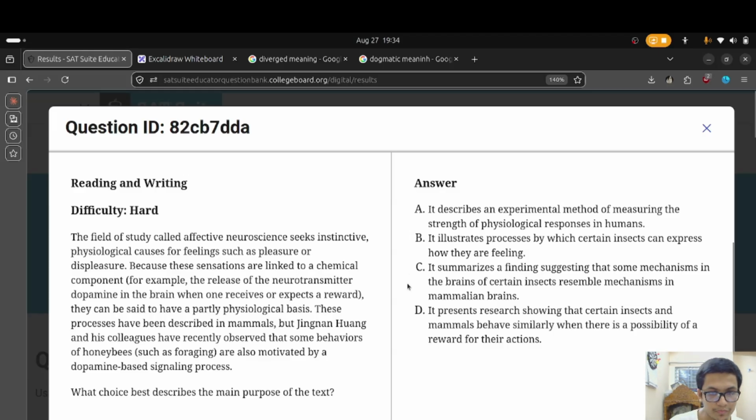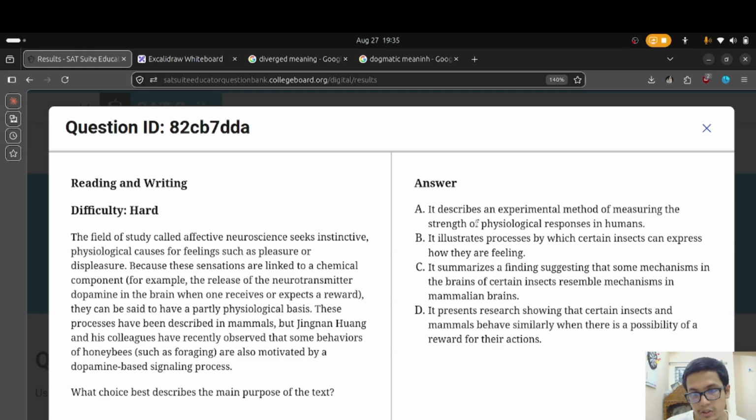This can be an option. Like, they also have dopamine. Option D, it presents research showing that certain insects and mammals behave similarly when they have a possibility of a reward for their actions. Some behaviors of honeybees are also motivated by the dopamine process. So option D is very likely because certain insects and mammals behave similarly when they have a possibility of reward for their actions. Option A will not be the answer.